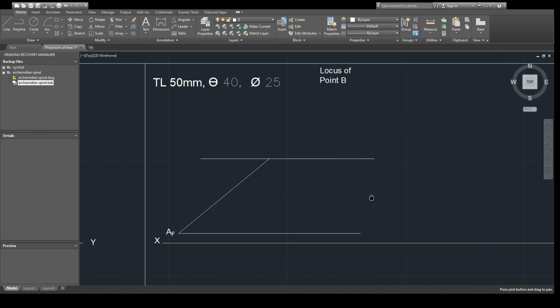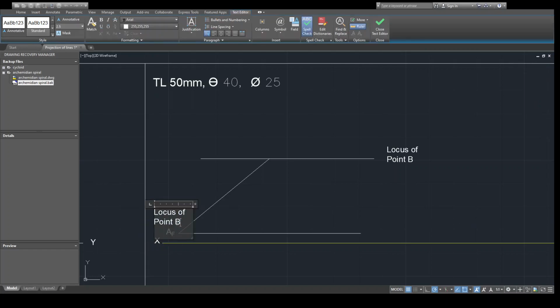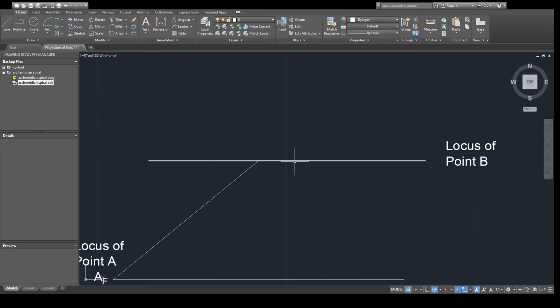So we have identified locus of point A and locus of point B. This is locus of point A, and this line is locus of point B.